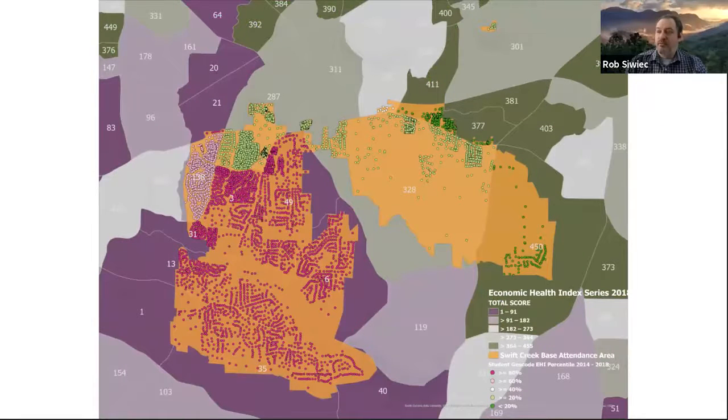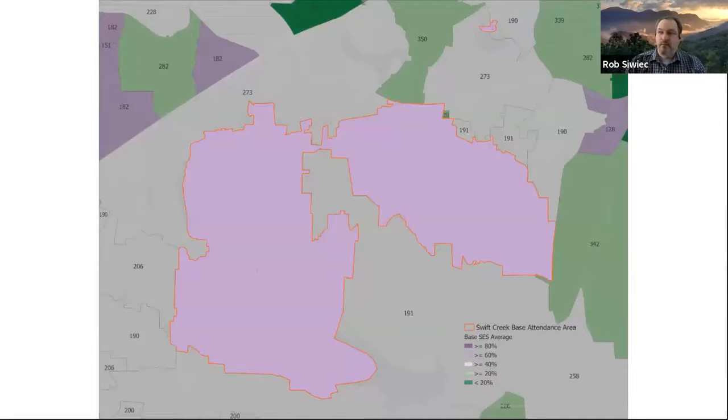In order to measure the health of a base attendance area, we will take all those students that reside within the Swift Creek, and we'll get an average economic health score for that base attendance area. With that average, we see that the economic health of Swift Creek's base attendance area is somewhere between the 60th and 80th percentile of all the base attendance areas in the county, which is high.